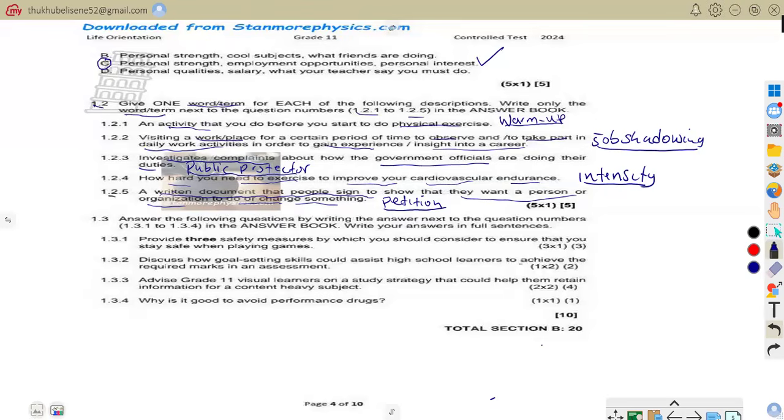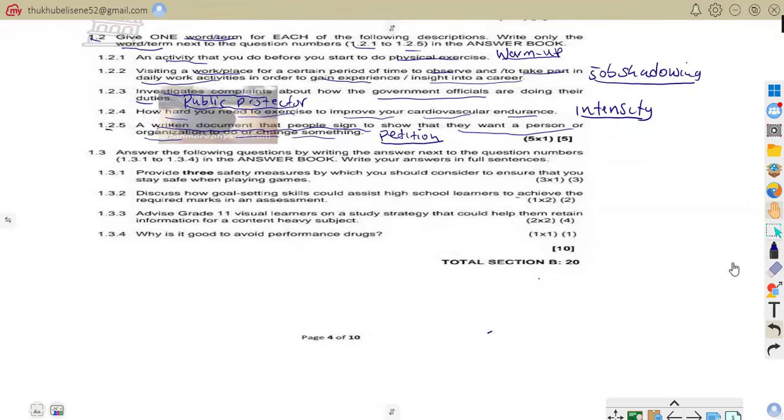So now let us move on, grade 11s, and be on 1.3. It says, answer the following questions by writing the answer next to the question numbers, 1.31 to 1.34 in the answer book, and write your answers in full sentences. 1.31, without wasting much time, let's get to it.